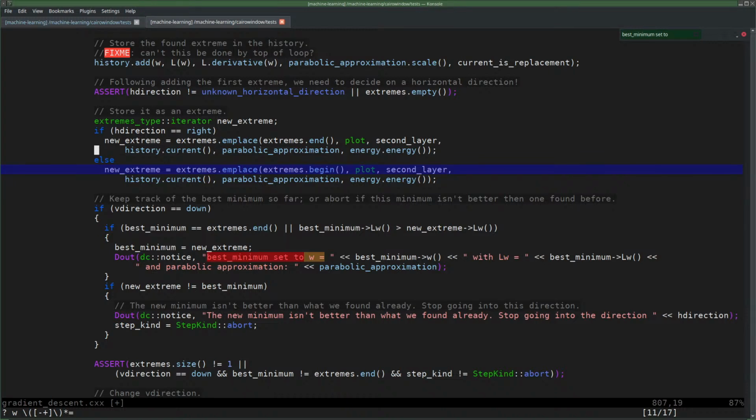Come from this parabola, which we just found a minimum or maximum of, and that was just stored as extreme.